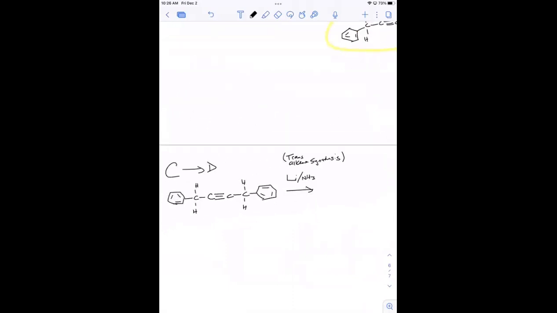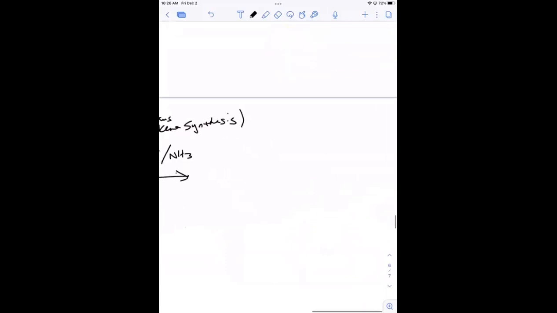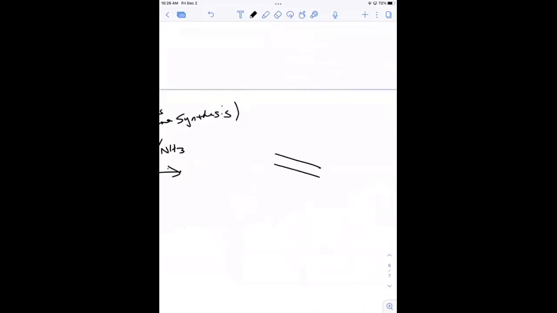So what would that double bond look like? What would the alkene look like? We know it's going from a triple to a double, because that's what that set of reagents does. But what does it look like when I say trans? Opposite side. Okay. So my product is going to be a double bond. It looks like this.